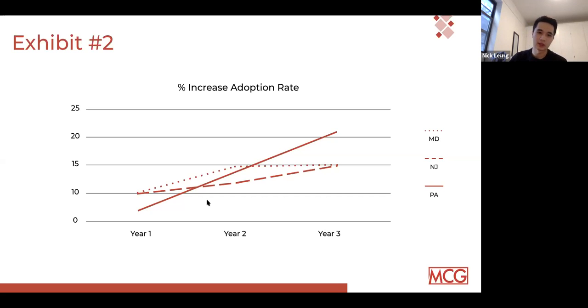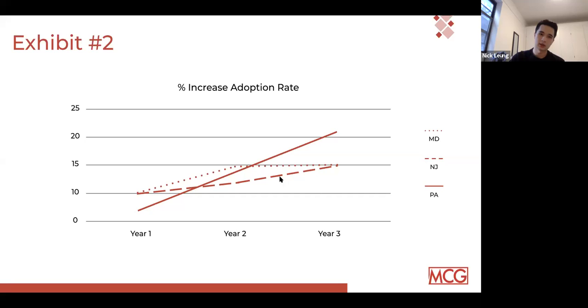And similarly, we could say the same thing about New Jersey. We see that the New Jersey line has a less steep slope compared to Pennsylvania, indicating Pennsylvania has a higher rate of adoption than New Jersey. So that's also something that you can add.